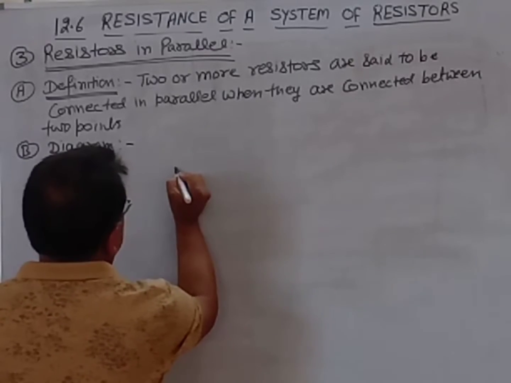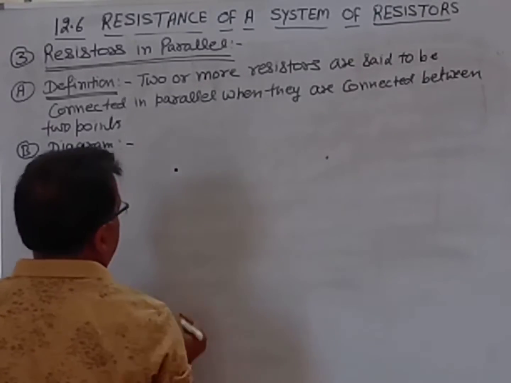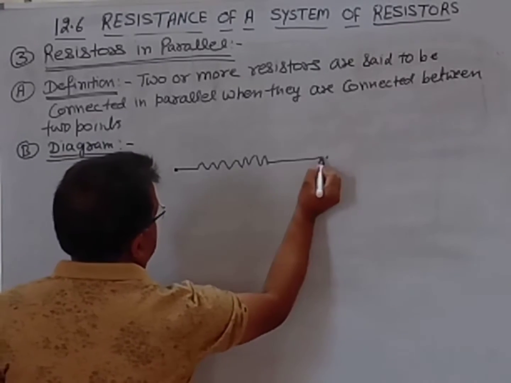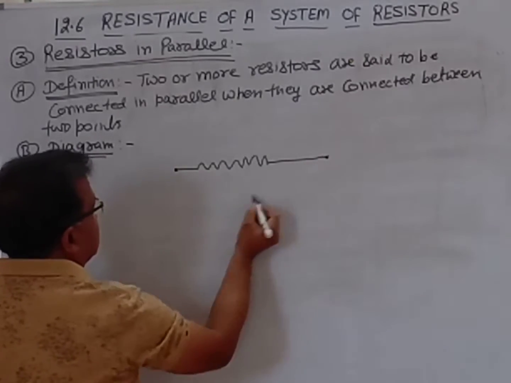Let these be two points. Now this resistor is connected between these two points.